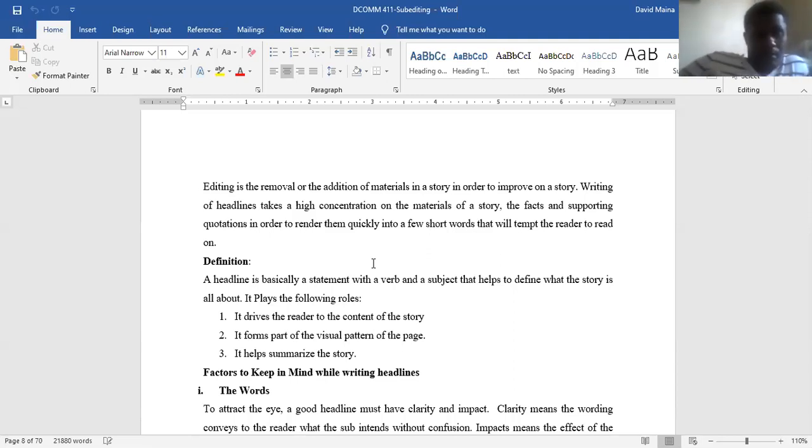You first of all write the story, then you write the headline. Why is it like that? It is like that because lazima wewe mwenye umeandika story, usome hiyo story uielewe vizuri, then uipatie headline. So that's how it is. So we need a lot of concentration on the material that has been presented to us.